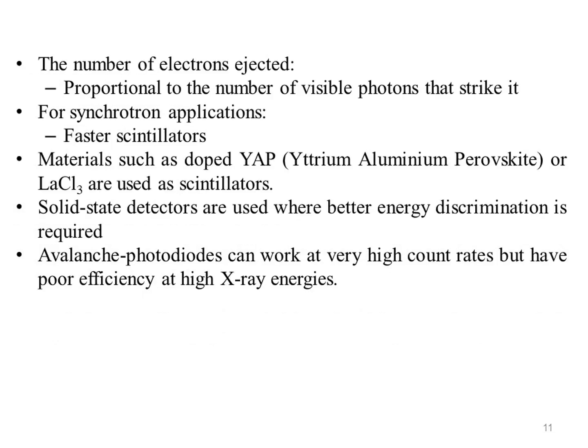The number of electrons ejected by the photocathode is proportional to the number of visible photons that strike it, which in turn is proportional to the energy of the original X-ray photon. Owing to numerous losses, the energy resolution of the detector is poor, and as such it cannot be used to resolve K alpha and K beta X-ray photons.